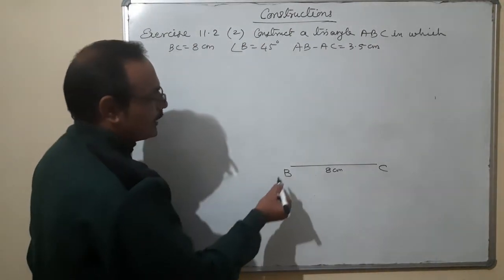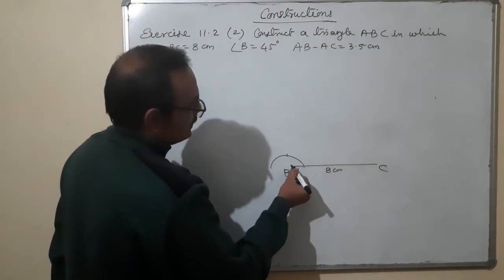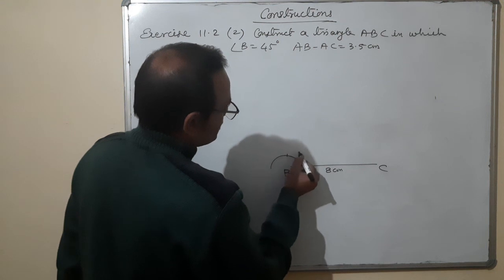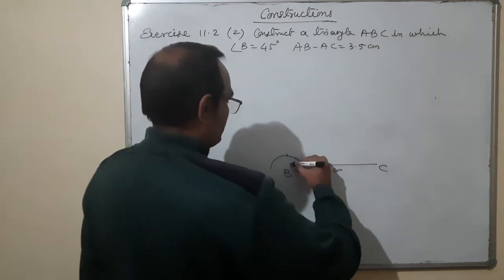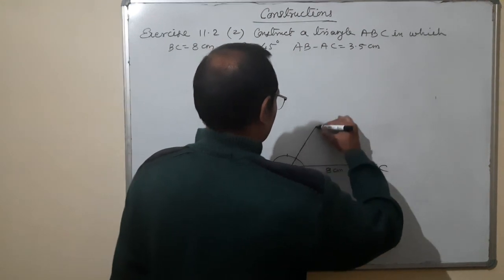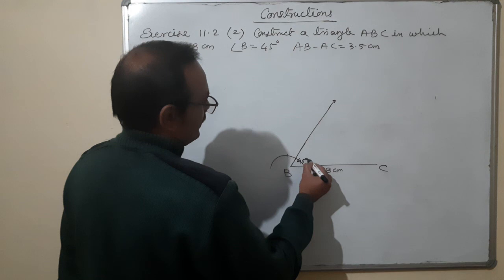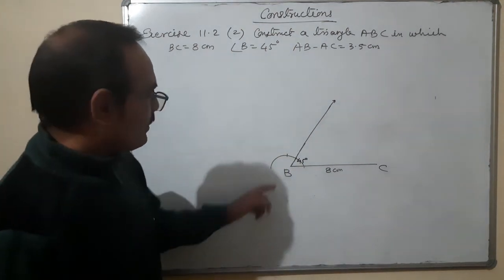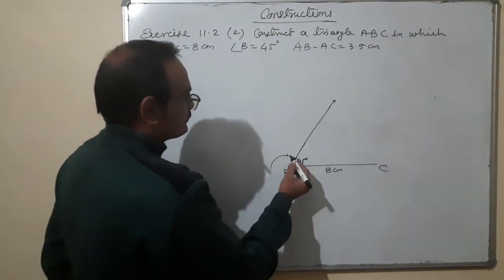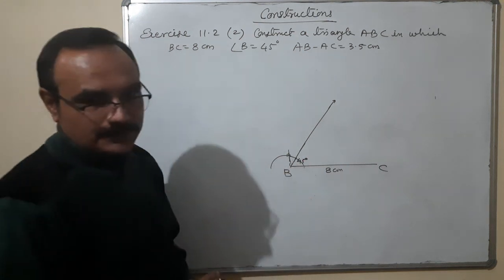First of all, we have to make a 90 degree angle. This is 90 degree and the bisector of it is 45. So we draw one 45 degree angle.